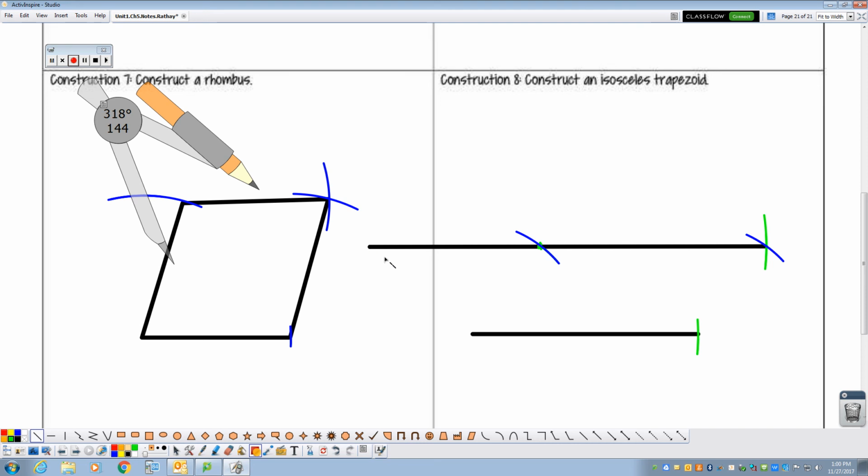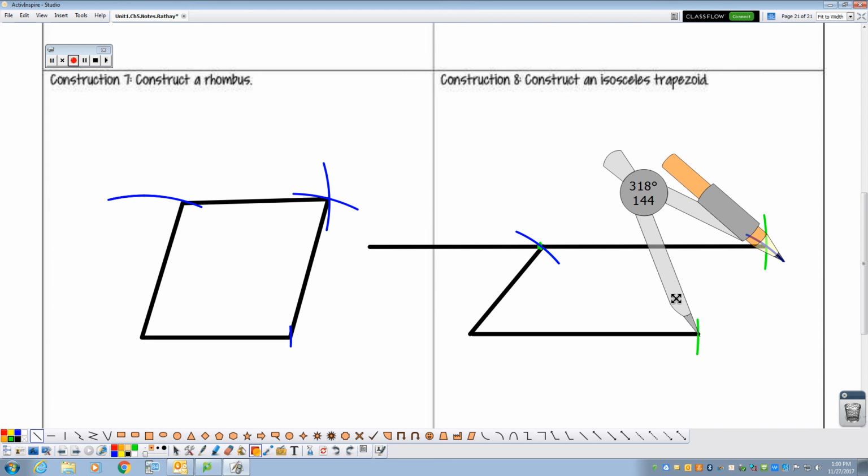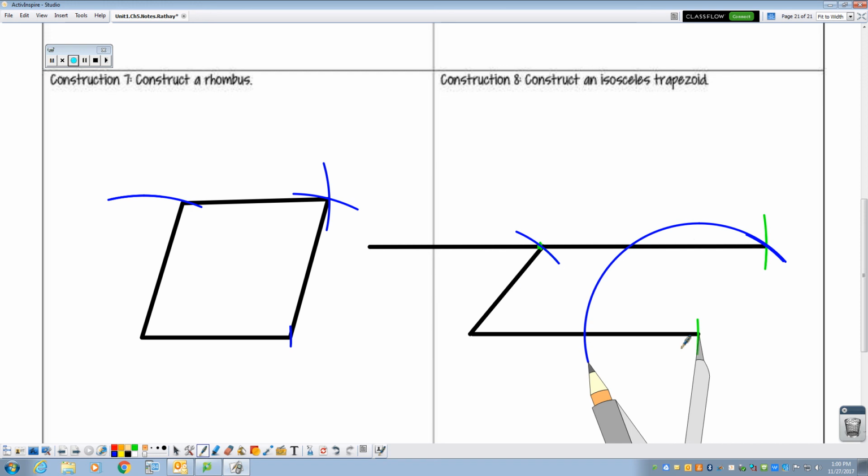So those are my parallels, and now I have to make an isosceles trapezoid. So all we have to do here is I'm going to connect that side of my parallelogram. Now instead of going here and making the parallelogram, I'm going to take that length of this side, and instead of copying it here, if we had continued that arc, it actually hits my line again over there.